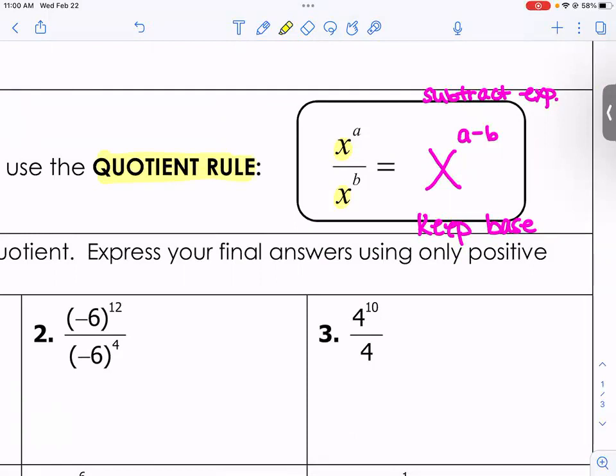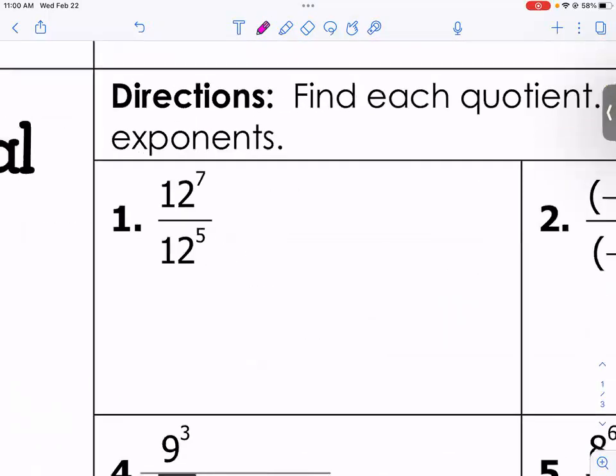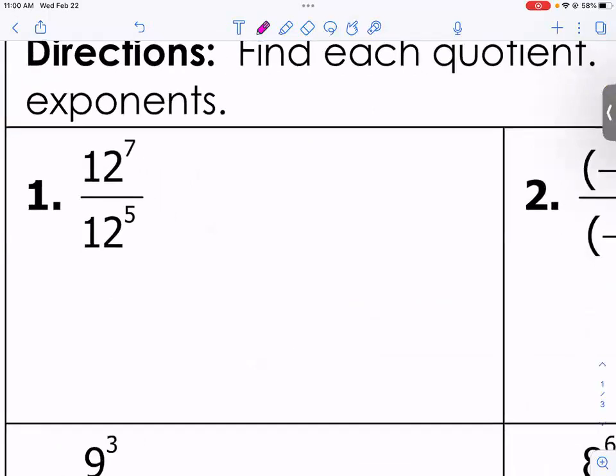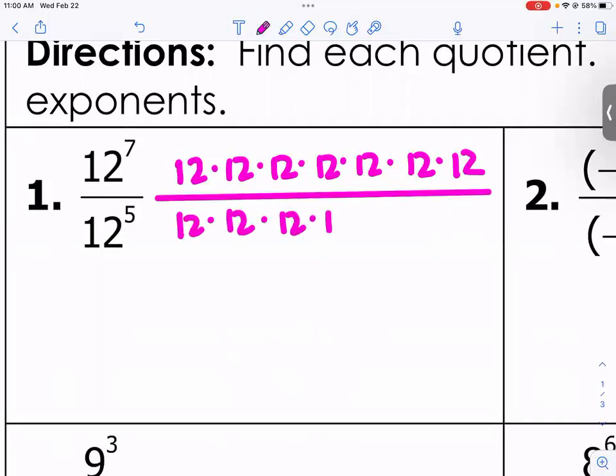All right, so let's look at this number one. Now, this is technically what we have. We have 12 to the 7th divided by 12 to the 5th.